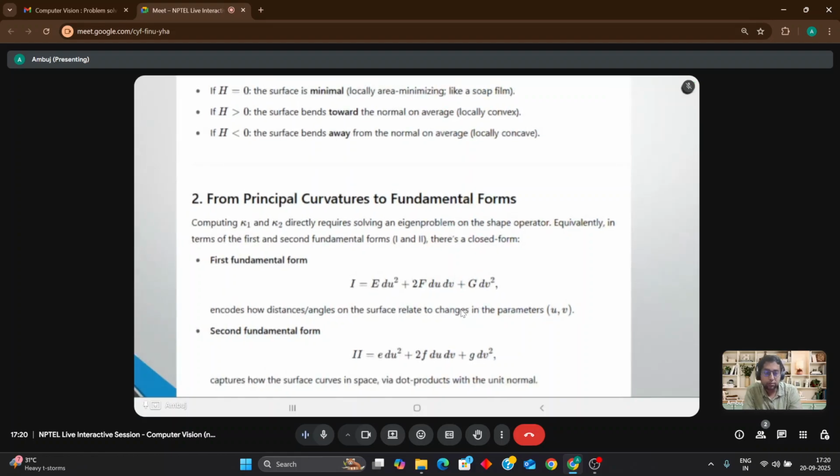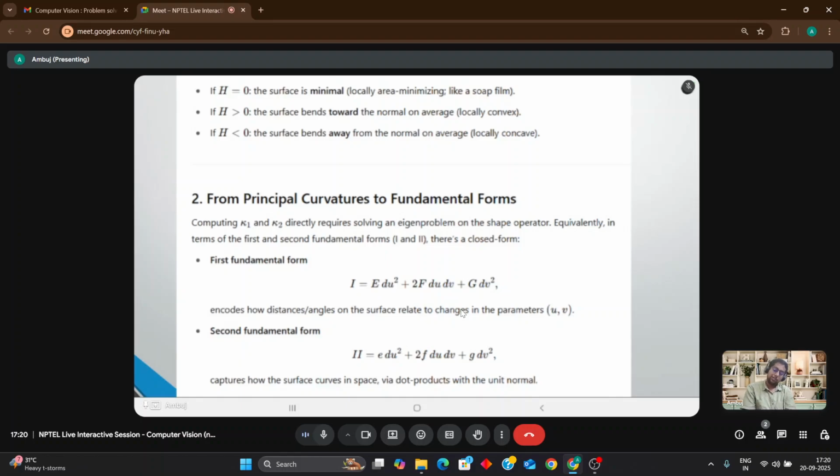Now, we try to see how to go from principal curvatures to fundamental forms. Computing K1 and K2 directly requires solving an eigenproblem in the shape operator, or equivalently, in terms of the first and second fundamental forms, which give closed forms. The first fundamental form is I equal to E du square plus 2F du dv plus G dv square.